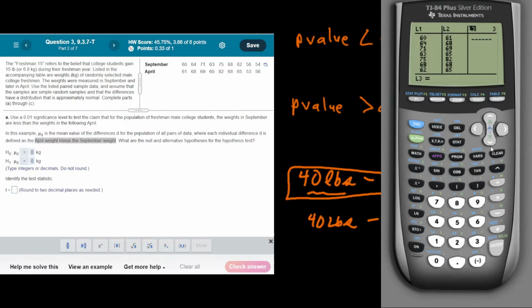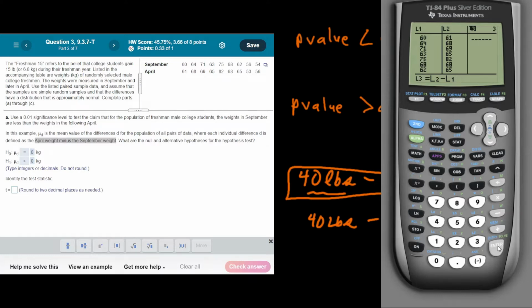So I know it's a lot to take in, but just bear with me here. We're going to do L2 minus L1, all because they told us to subtract those two. So if they tell you exactly what to put in, like April weight minus the September weight, and that's what it's defined as, do whatever list corresponds to that.